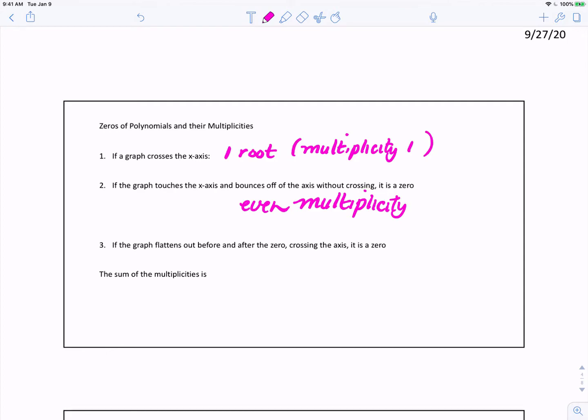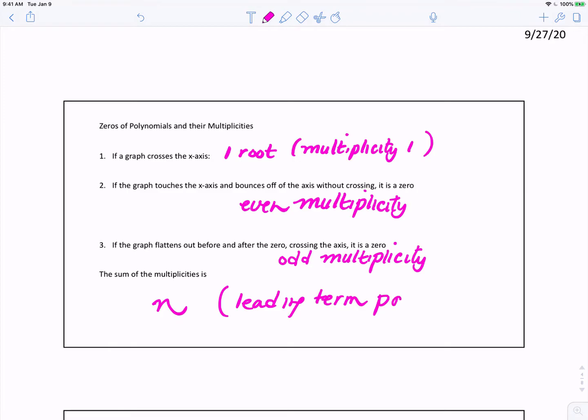If the graph flattens out before or after the zero crossing the axis, it's a zero of odd multiplicity. And we saw all of this in the last example. And the sum of the multiplicities is always n, which is the leading term power.